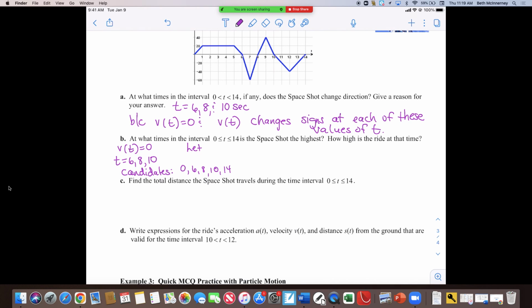So how about I let y of t be the height of the ride.